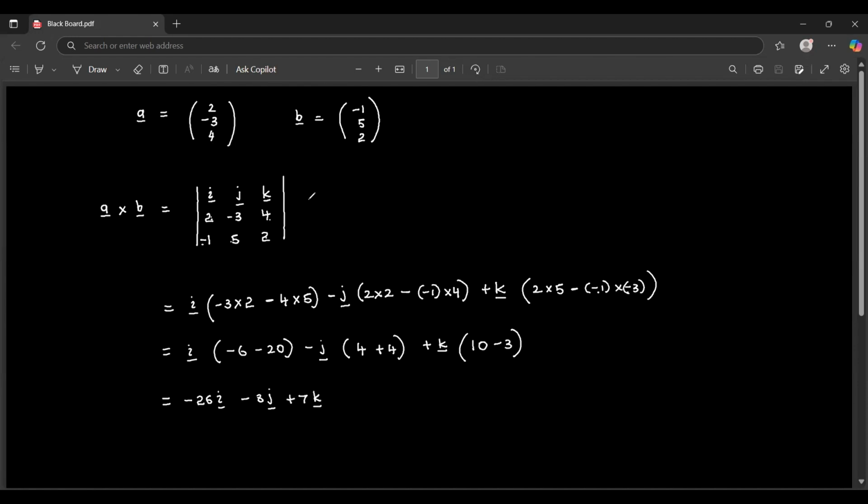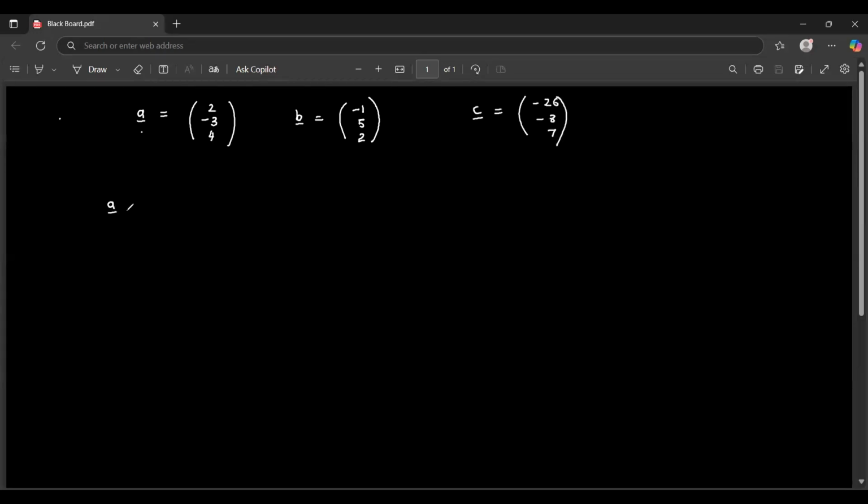So the vector that is perpendicular to A and B can be given as minus 26, minus 8, and 7. If you apply the dot product of A with this value, let's say this is equal to C, then the dot product of A and C will be equal to 0, and at the same time B dot C will also be equal to 0.